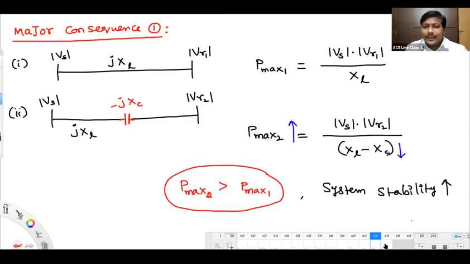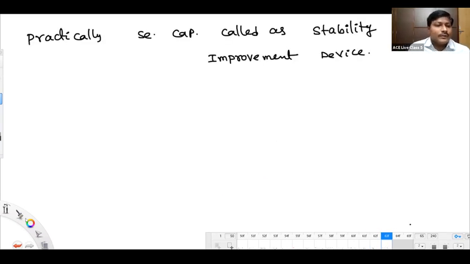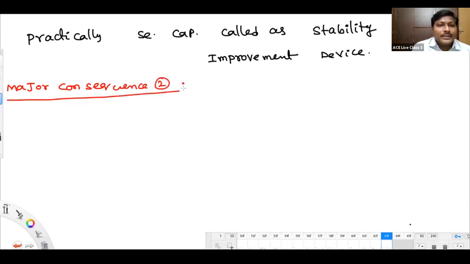Second major consequence of series capacitor placement we are going to discuss now.